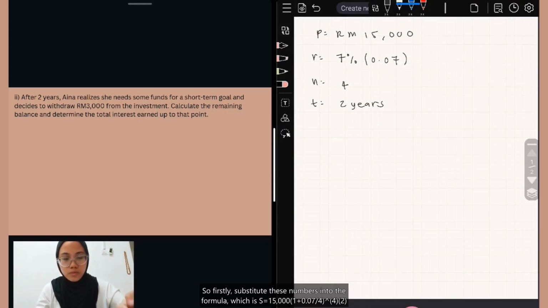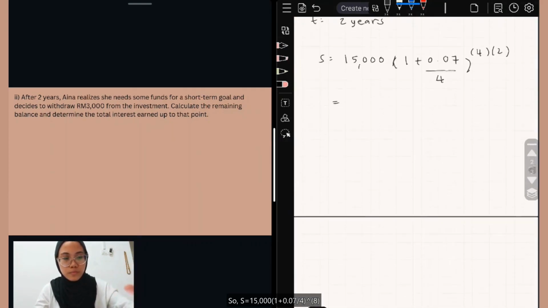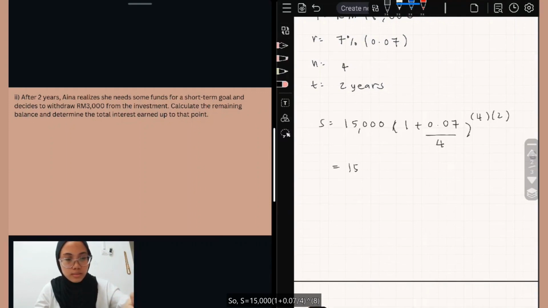So firstly, substitute those numbers into the formula, which is S equals 15,000 times 1 plus 0.07 over 4, to the power of 4 times 2. So 15,000 times 1 plus 0.07 over 4, to the power of 4 times 2, which is 8.